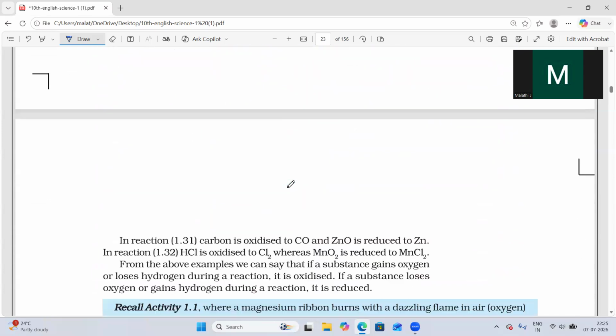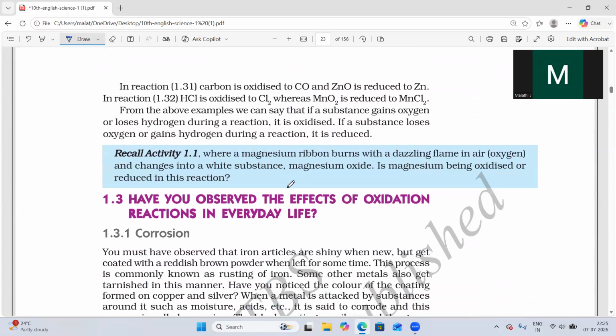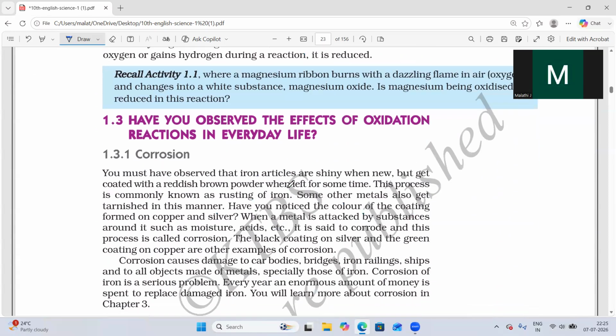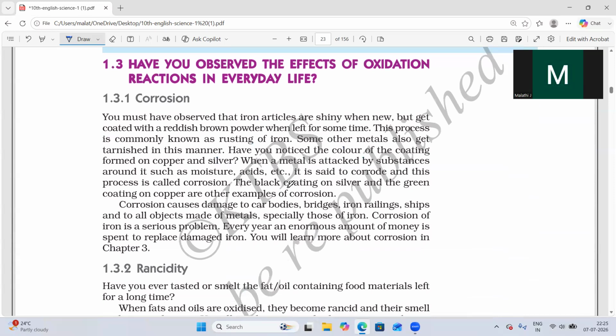Then the final topic in this chapter is corrosion and rancidity. Did you observe the effects of oxidation in our life? Yes, of course. Suppose you bring an iron article without any coating or painting, and you keep it exposed to the atmosphere in your home.